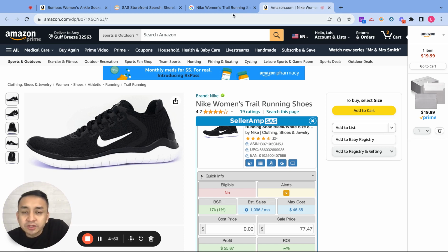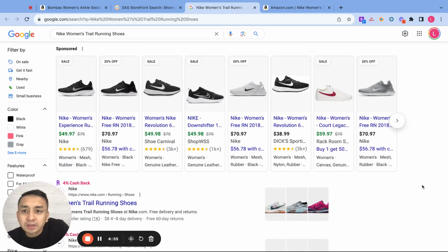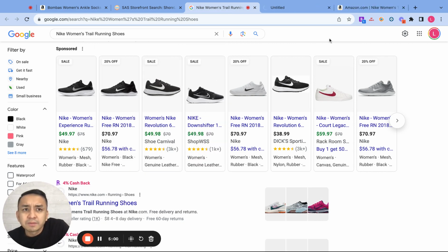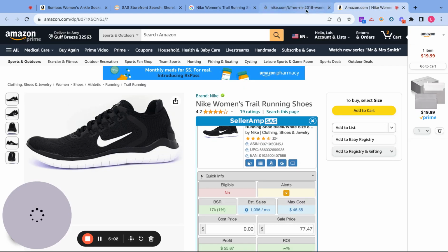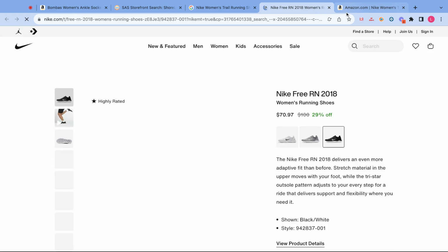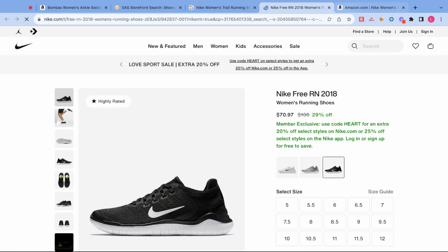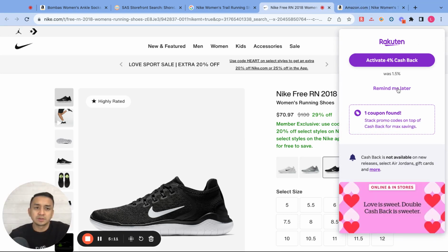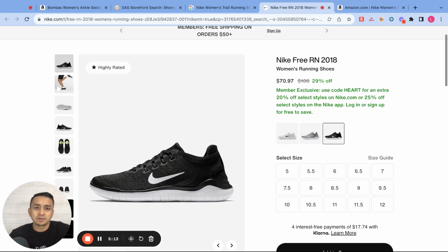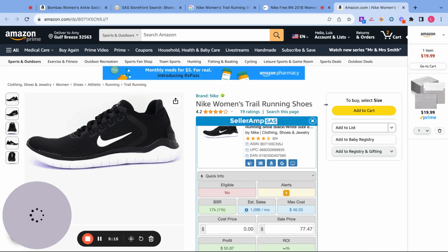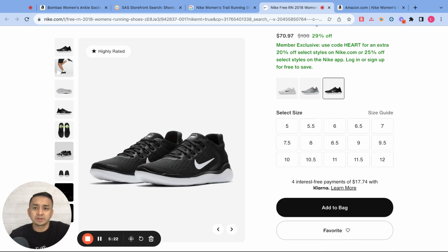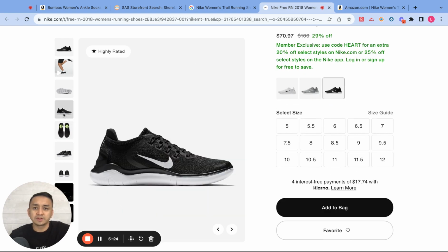Nike women's trail running shoes. Okay. Is that it? Let's open this up. 2018. I don't think it's the same. Oh, this is very close.